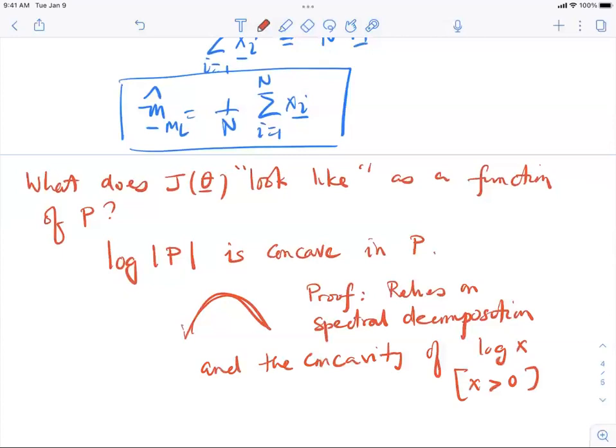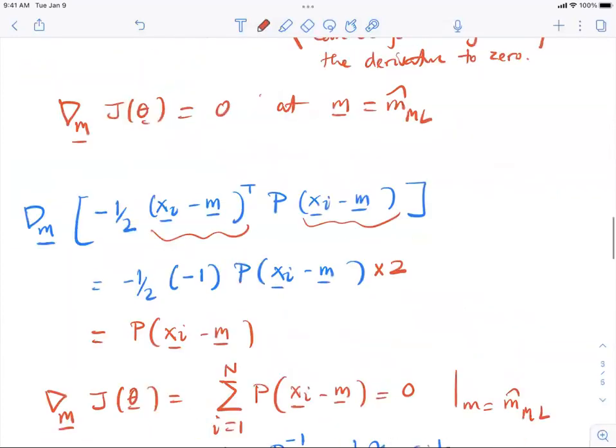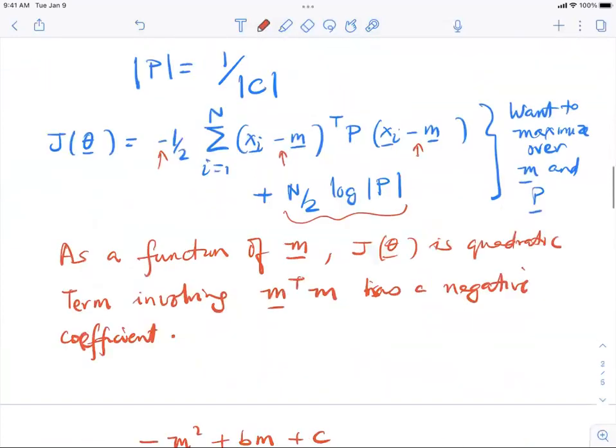So once we assume this and go back to the cost function, what do we have? We have a term that is concave in P and a term that is linear in P. That's why that substitution of C inverse equals P is so nice. A linear function is both convex and concave. So the overall sum of these two functions is concave, which means that, again, I can find the global optimum by setting the gradient to 0.